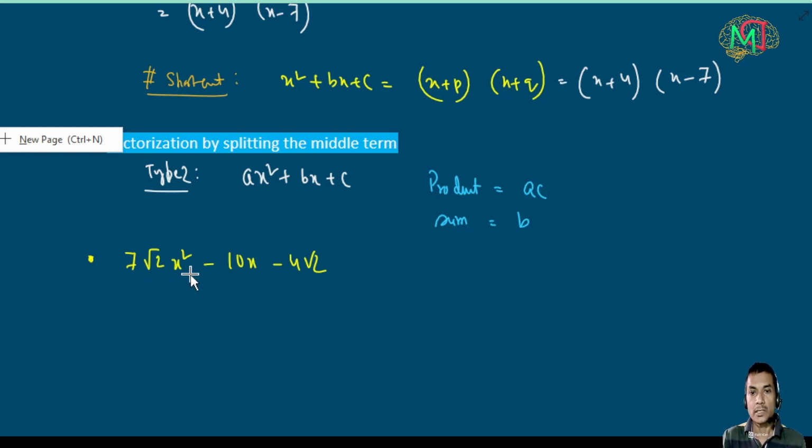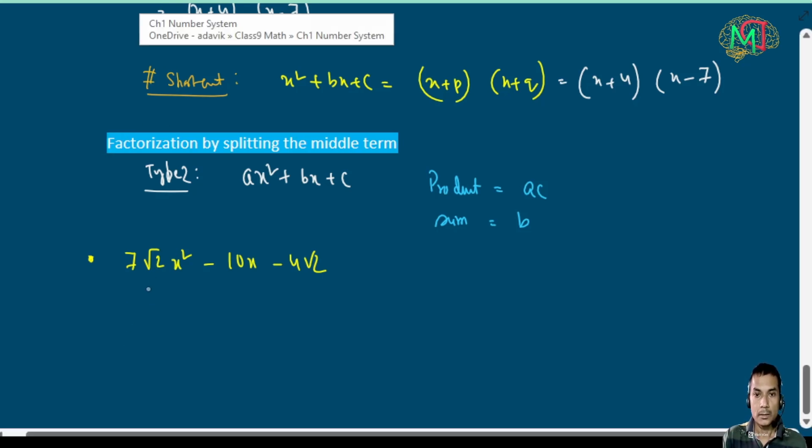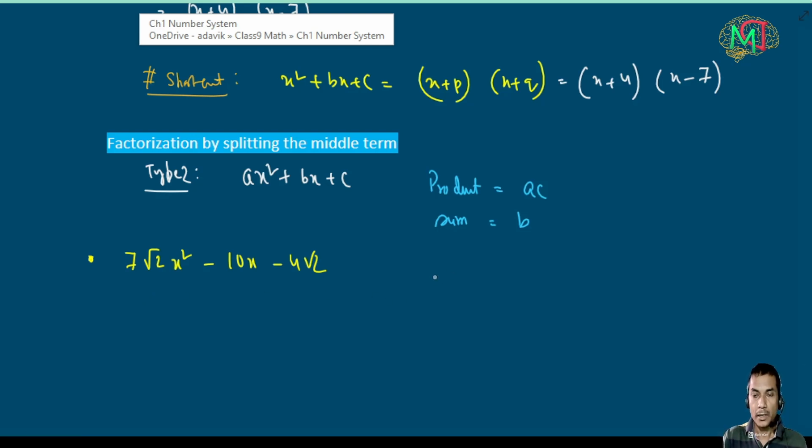7 root 2 x square minus 10x minus 4 root 2. Okay, how can you do that? You have to find out the product.